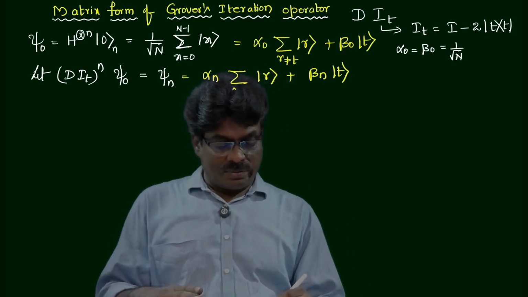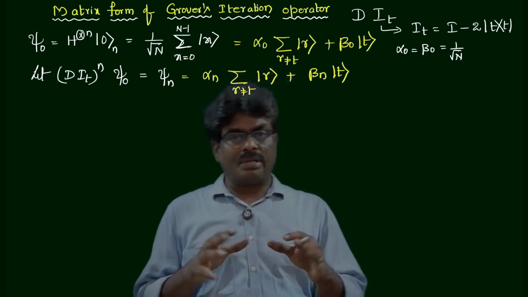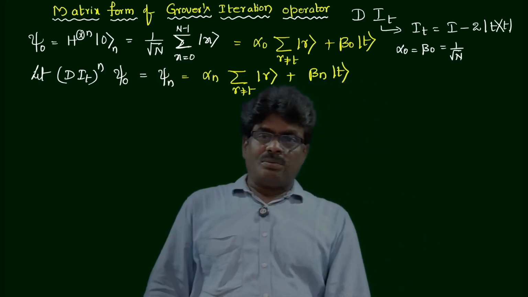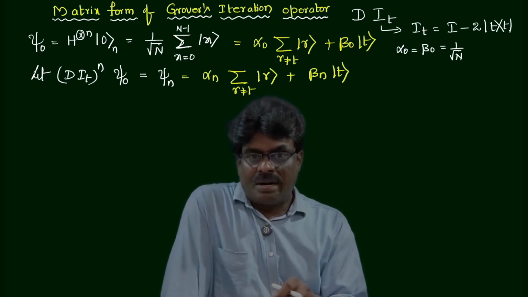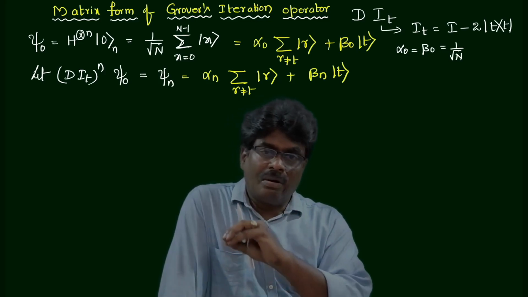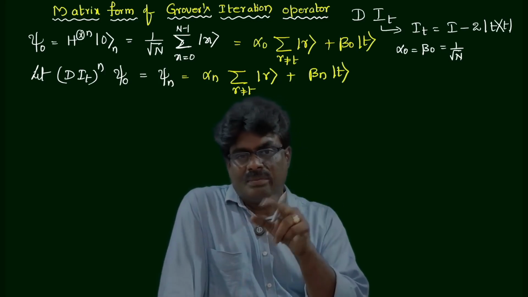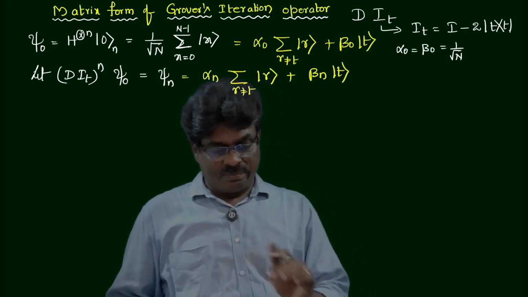And of course r is not equal to t. Don't bother about that alpha n and beta n. You may get one doubt. Here you have used the inversion operator, so why are you not getting any negative amplitude in the final answer? All amplitudes are positive only. That you will understand while I am explaining the example. So just leave it now.